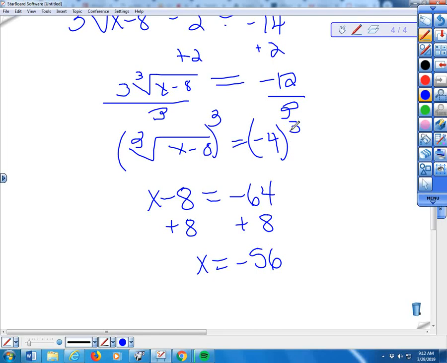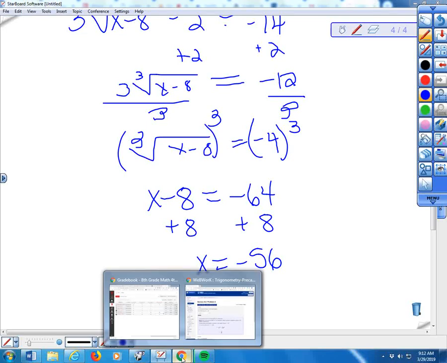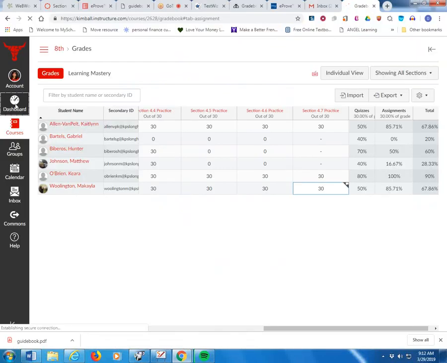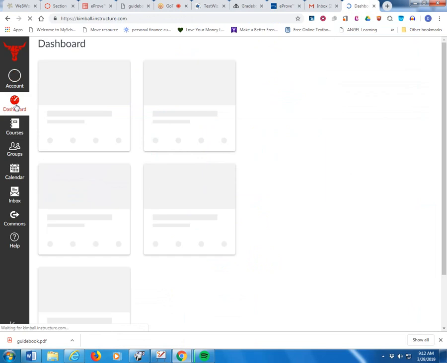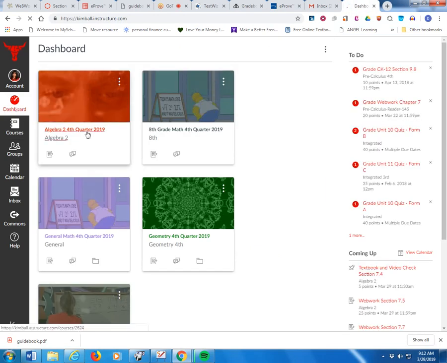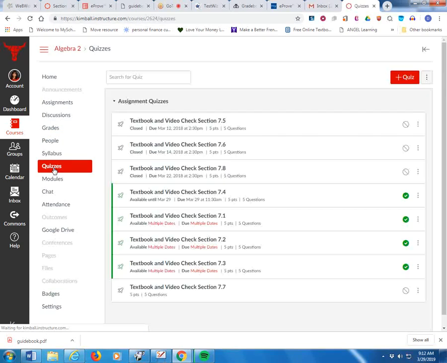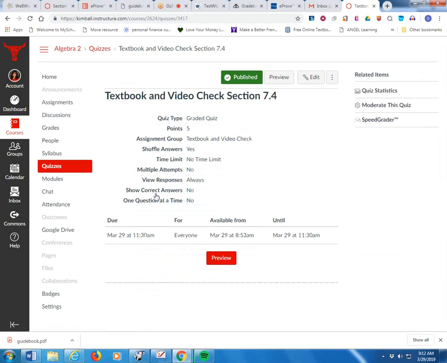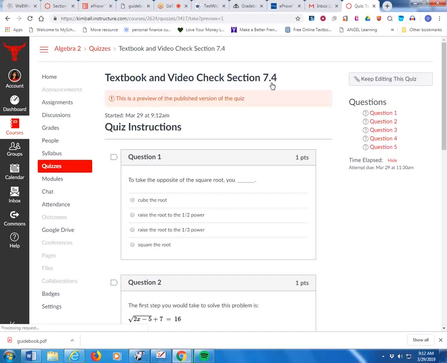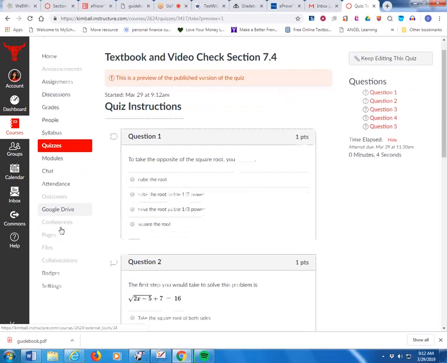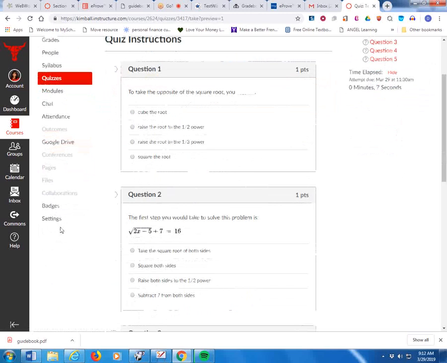Okay, let's go through the textbook check. To take the opposite of the square root, you square the root.